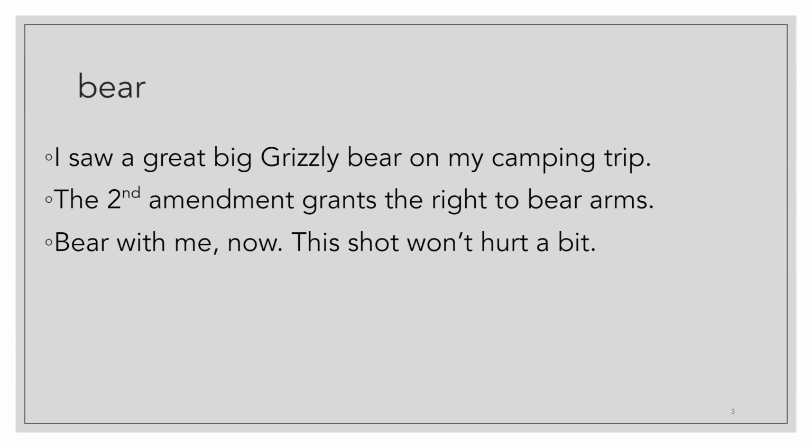So how should we look at this word bear? If we defined words by their meaning, then we would say, well, we have three different meanings here. So these are three different words. They just happen to be pronounced the same and spelled the same. They're actually three different words.